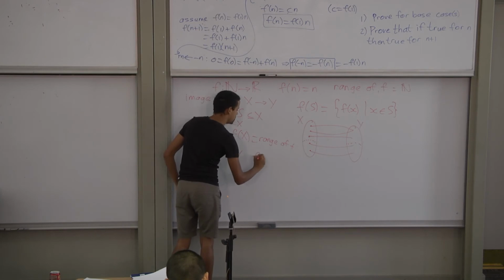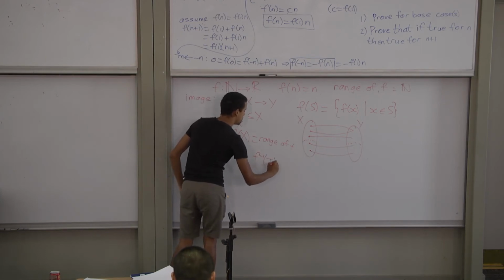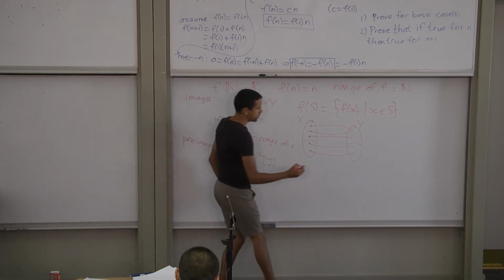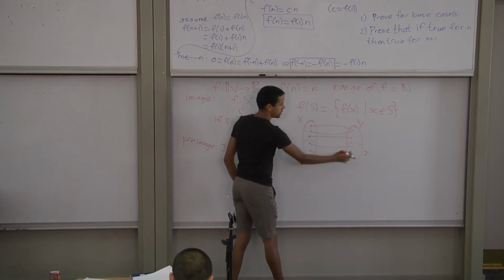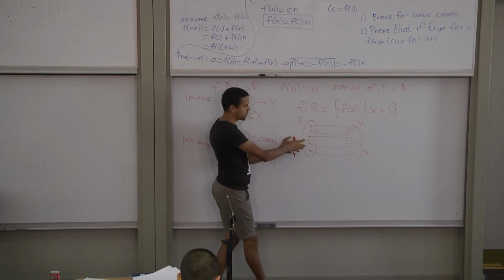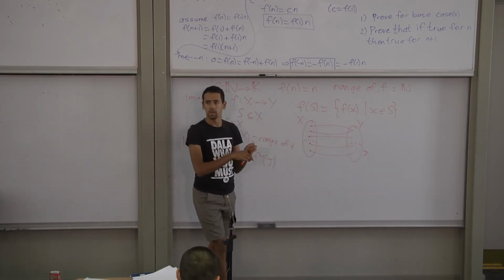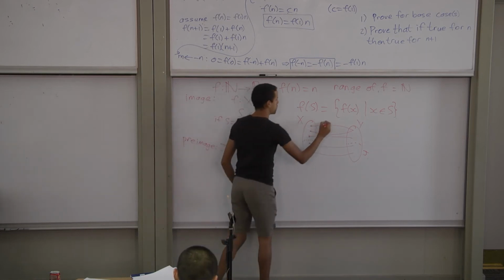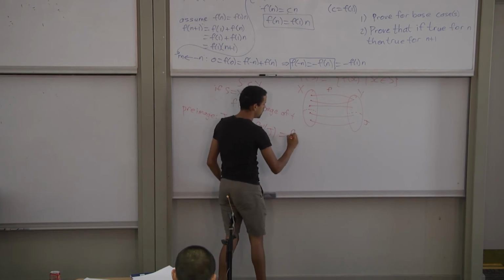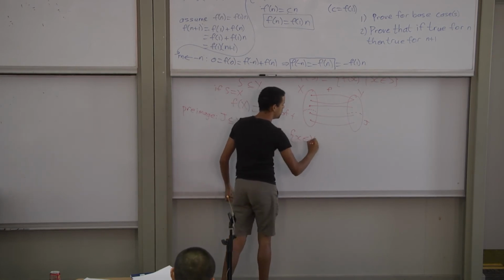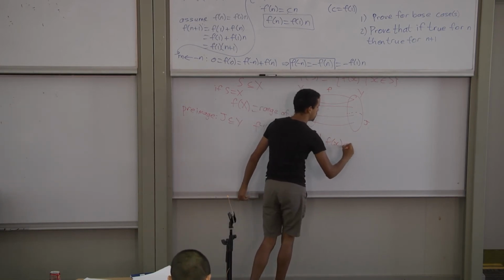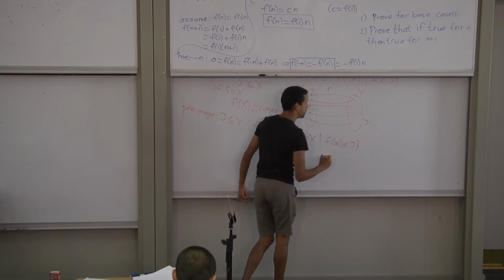And then the notation is F inverse of J. And the idea is that if J is this subset of your codomain, that's all the stuff in your domain which goes into that when you map it with F. So F inverse of J is all the X in your domain such that f of x is in your subset J.